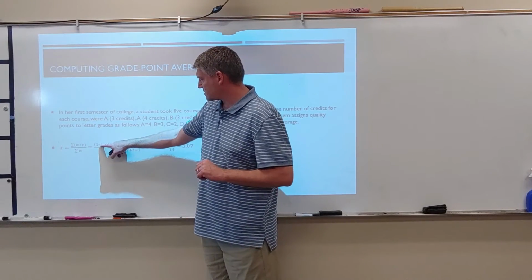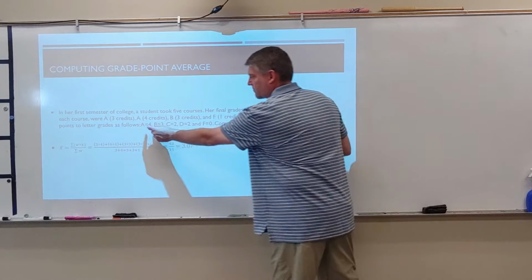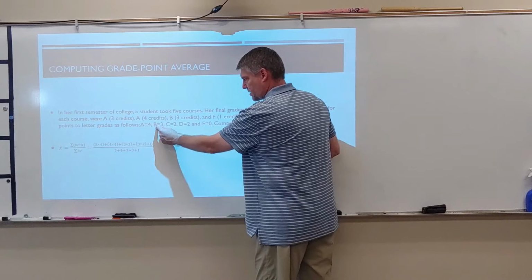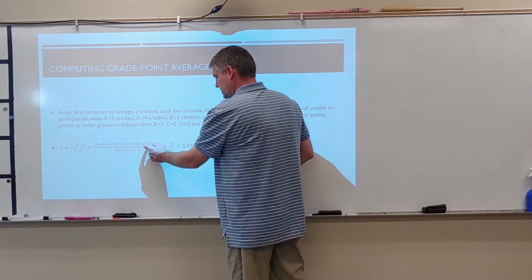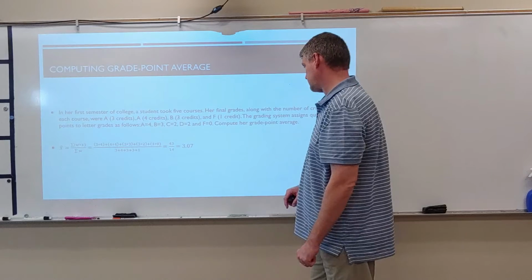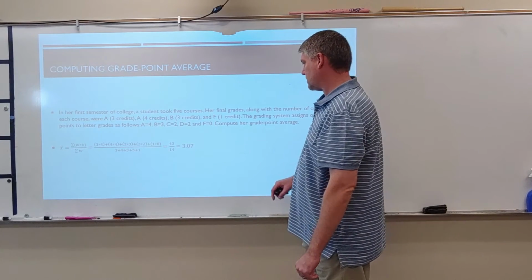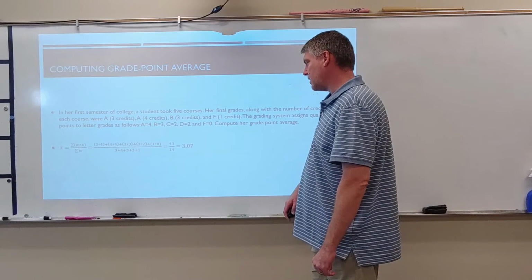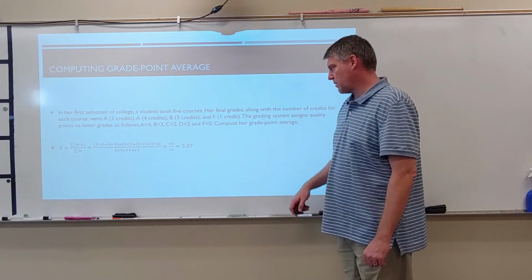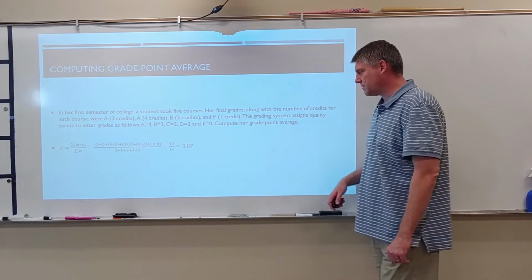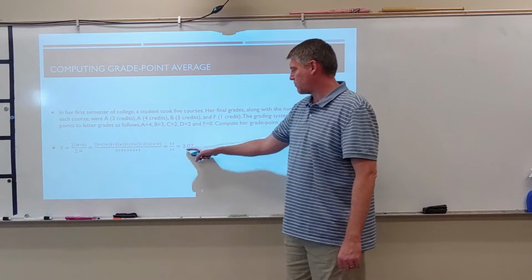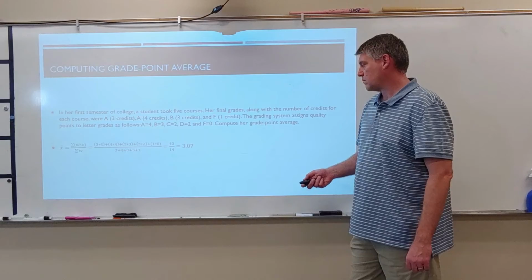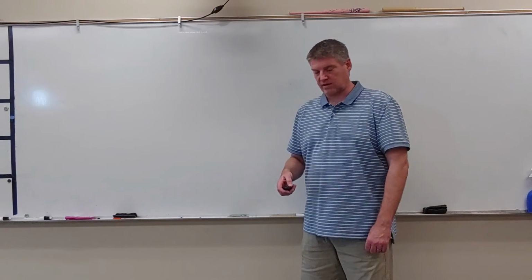So 3 credits times my 4 for the A, 4 times my 4, 3 times my 3, and 1 times my 0. We come up with 43 over 14, and her GPA would be 3.07. And that's how you calculate a weighted mean.